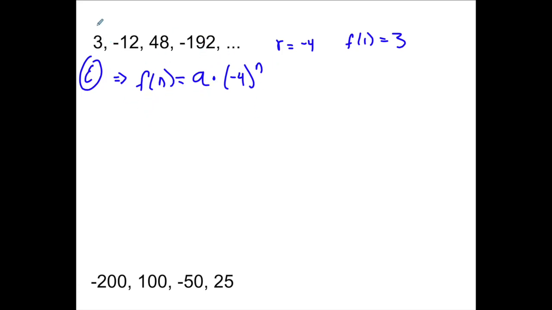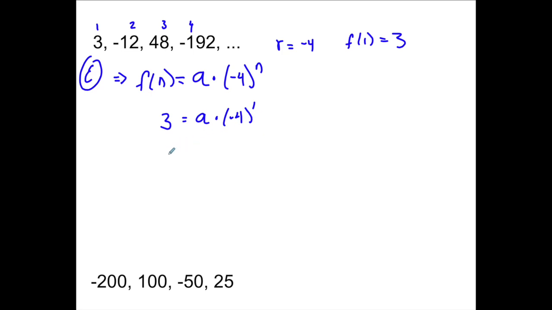I know that these are the n values here. So you plug in 1, you get 3. You plug in 2, you get negative 12. You plug in 3, you get 48. You plug in 4, you get negative 192. So let's say that I plug in 1. My rule needs to make sure that 3 is what comes out, because that is the sequence that I have.